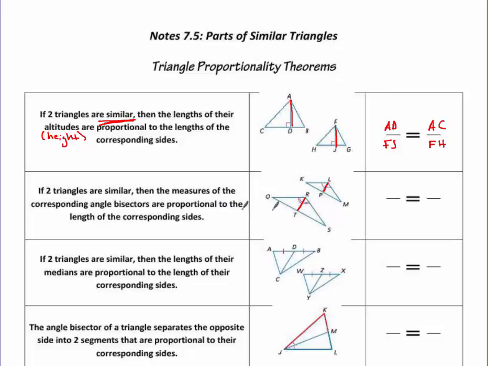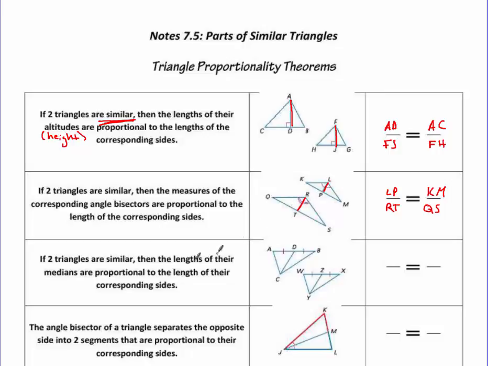So LP over RT, or it could be RT over LP, either way, is proportional to KM over QS. Not so bad, right?